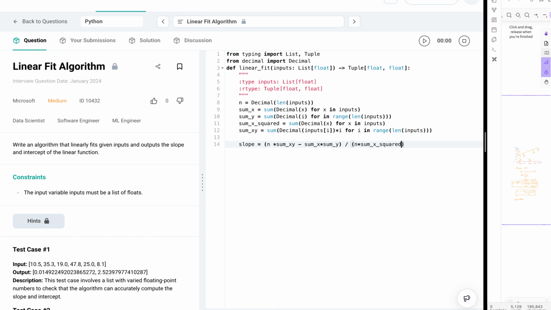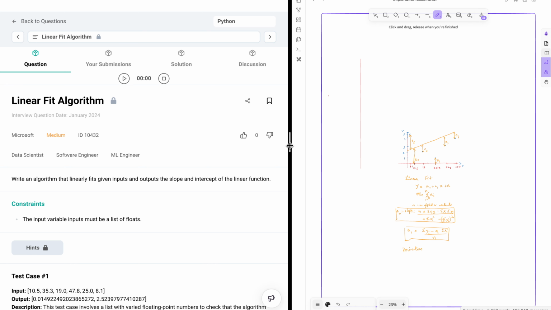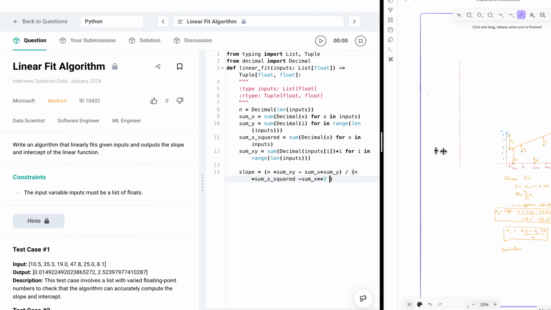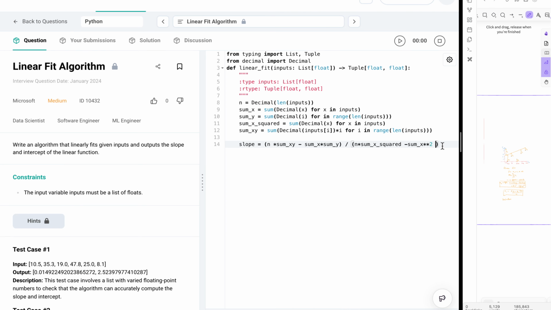So that is squared sum x, and we need the summation of x squared. This is the formula for slope, and we need to write the denominator. So the denominator I have written, and we need to now call our intercept.